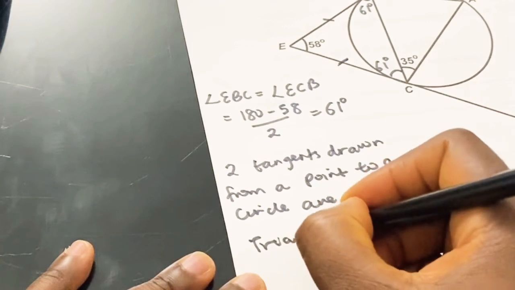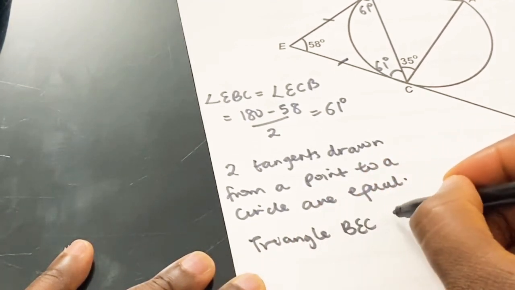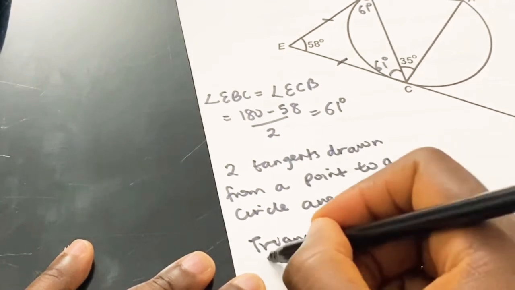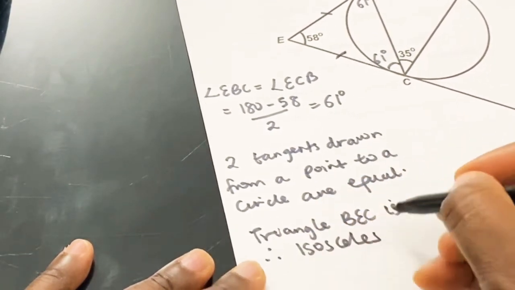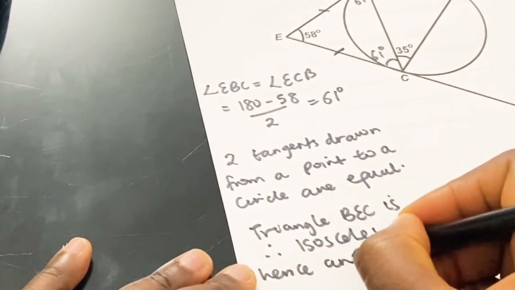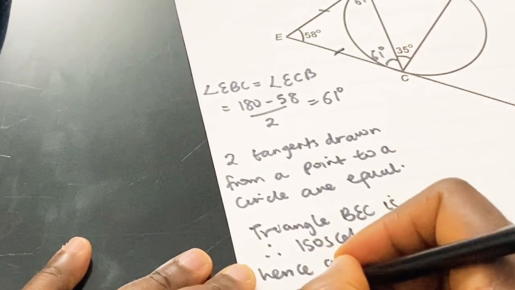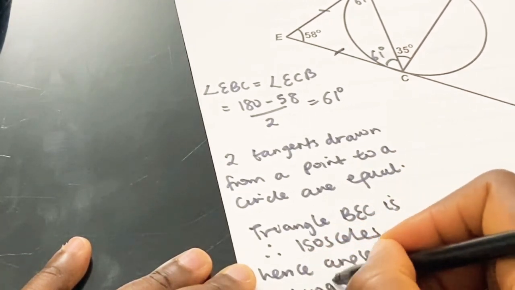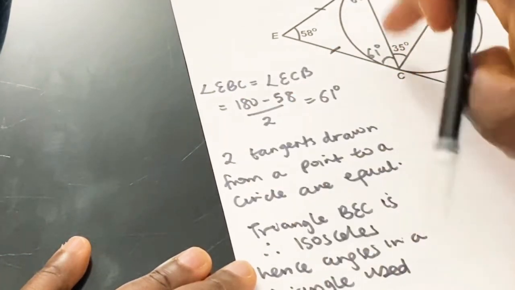Triangle BEC is therefore isosceles, hence angles in a triangle used to work out those two angles.